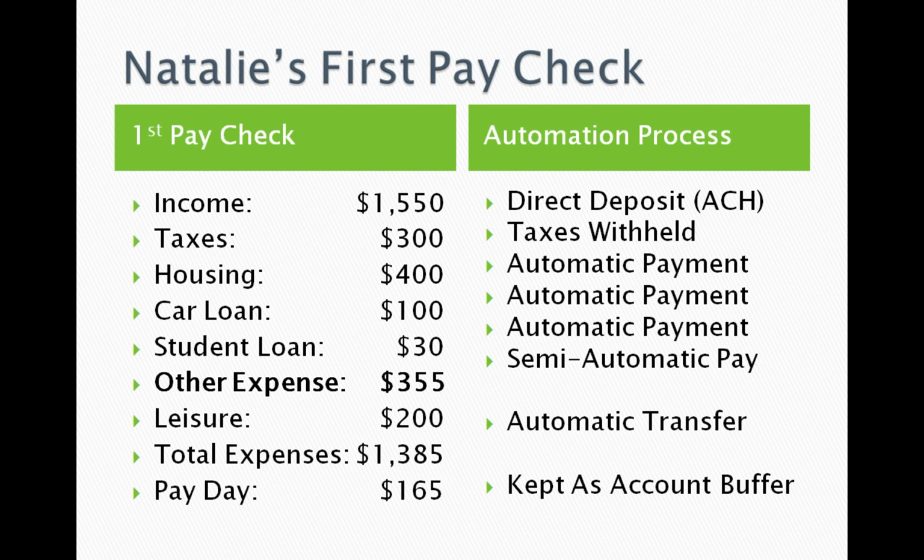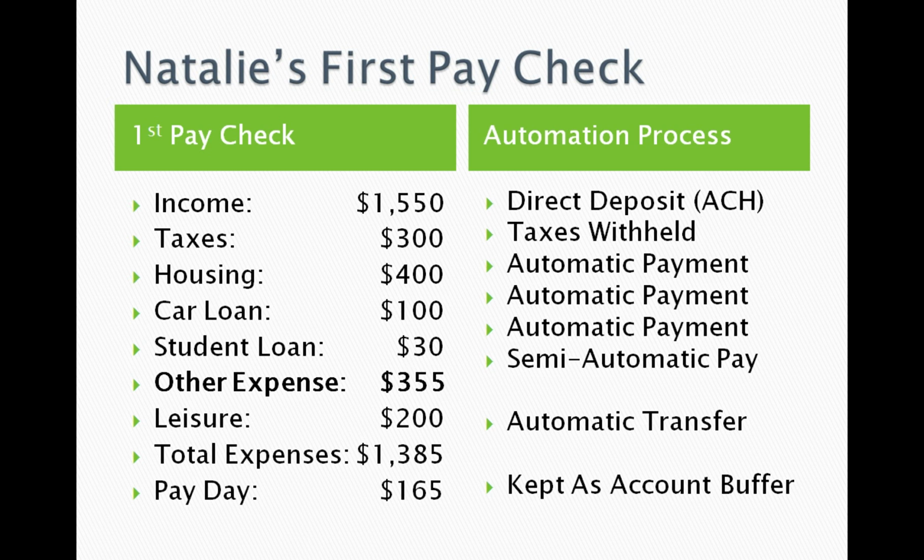So now we're going to go through how to automate her first paycheck. We're going to make sure that she gets direct deposit. And we already said that she's an employee, so she's going to get her taxes withheld before she even receives the check. She's also going to pay her mortgage payment. We're going to have that on automatic bill pay, with the first paycheck altogether.